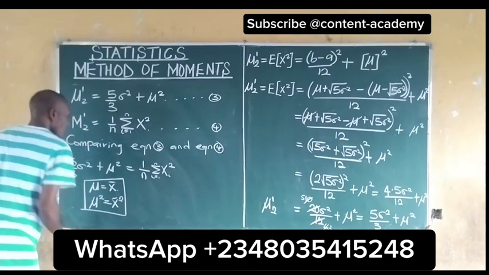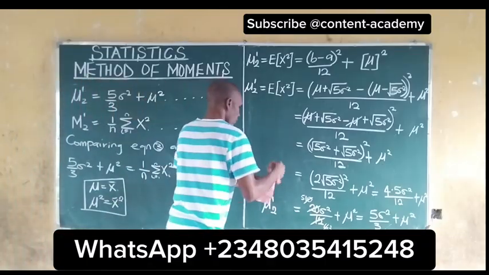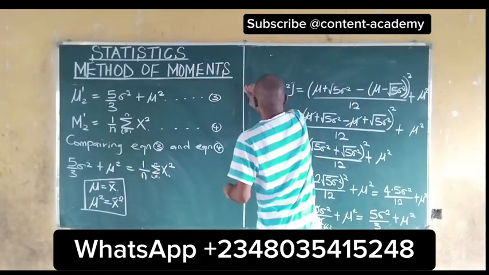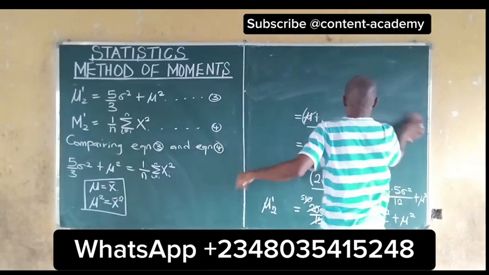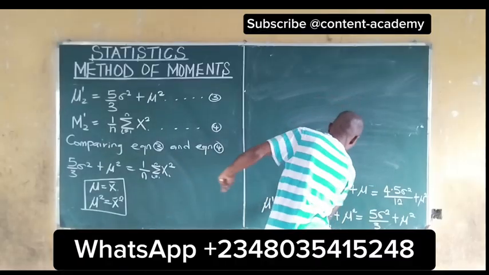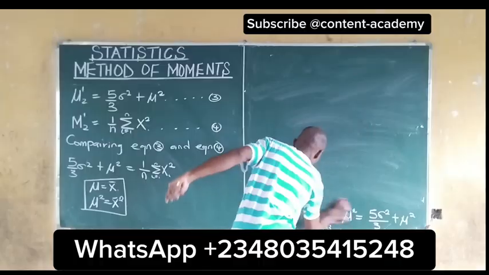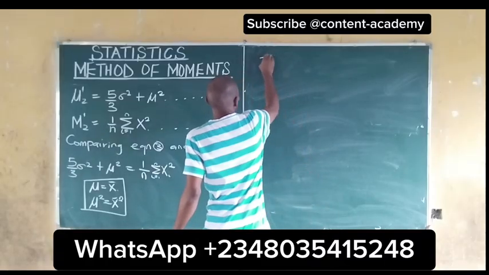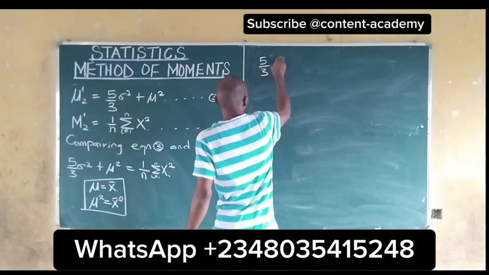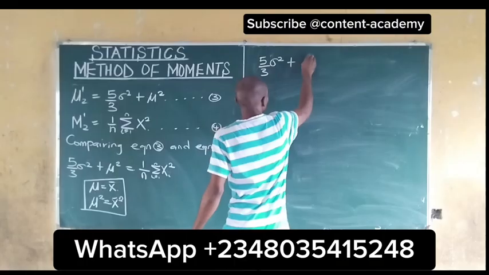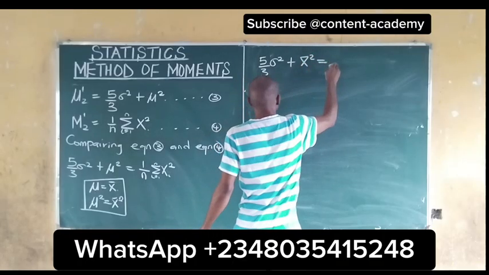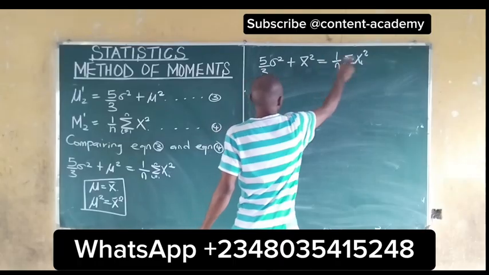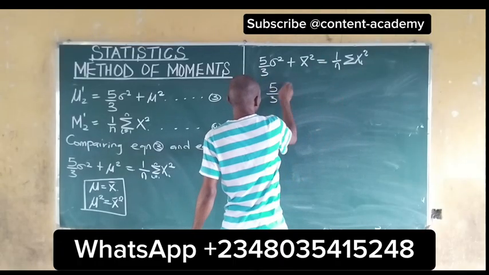Having this at heart, we move over to this side. We have that 5 all over 3 sigma squared plus x bar squared is equal to 1 all over n summation of xi squared.